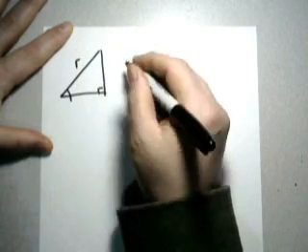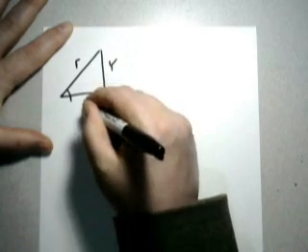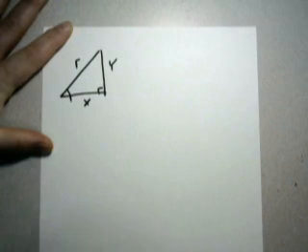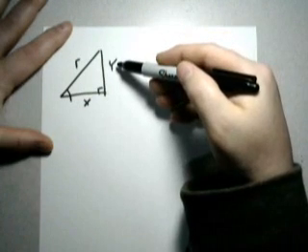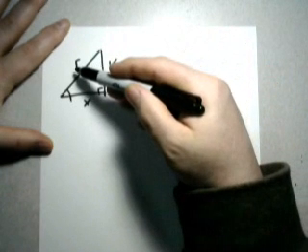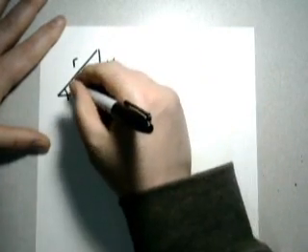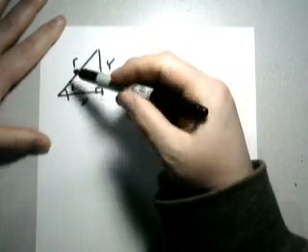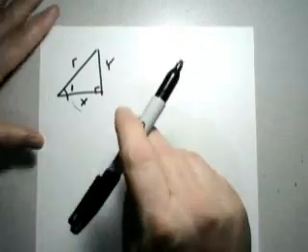There's my radius, my y, and my x. Now, when side y is equal to side r, what is the angle? Oops, sorry, this should be angle 1 right there. What is angle 1?